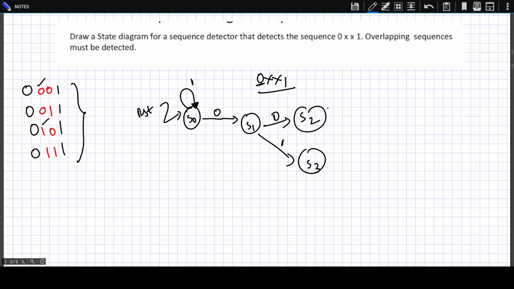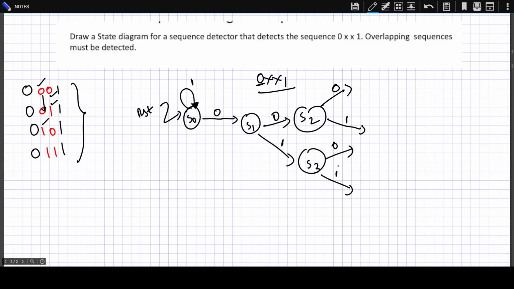Now from here we have two more possibilities. From here also there are two possibilities: it can match a 0 or match a 1. Similarly, from the other state also it can match a 0 or a 1.